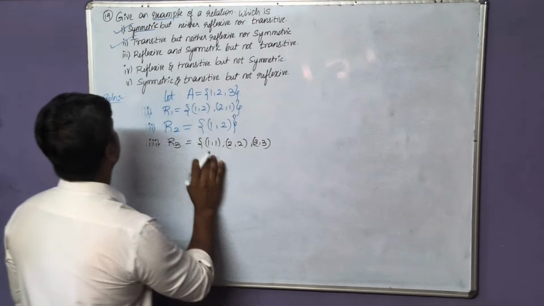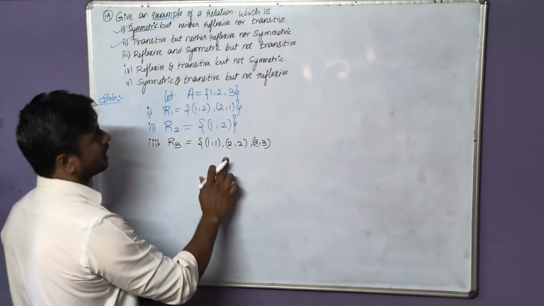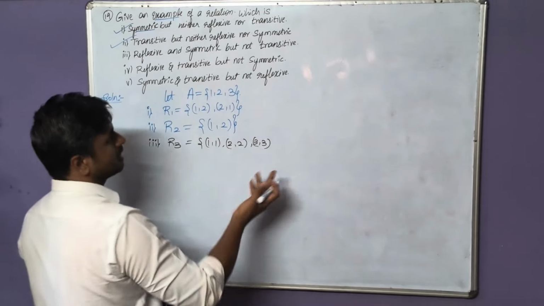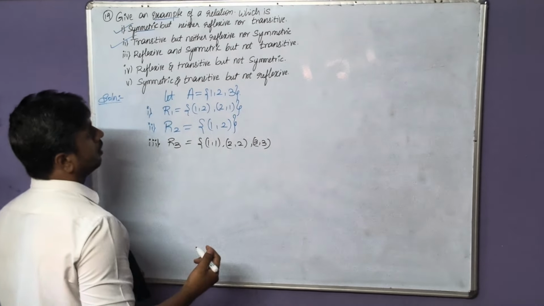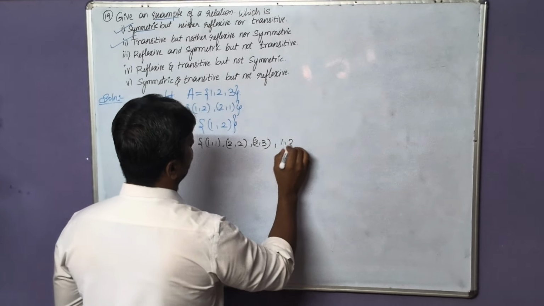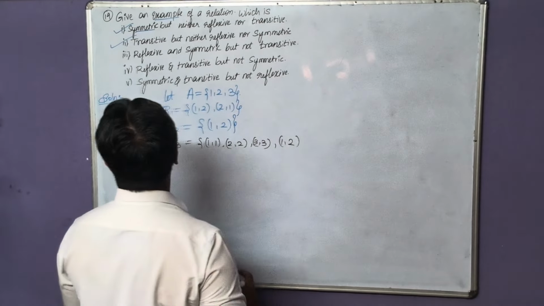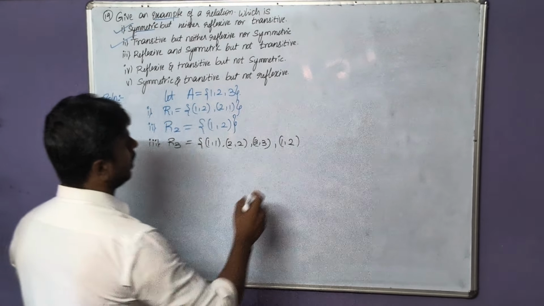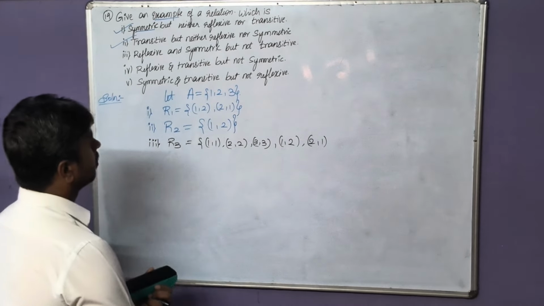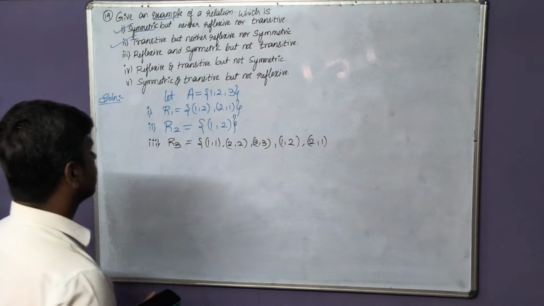I can say that the given relation is reflexive and even symmetric as well. Can we say that it is transitive? If you write only these 3 ordered pairs, it will become transitive as well, because we don't have ordered pairs in the form of (A, B) and (B, C). So better I will include (1, 2) and (2, 1). Then again it is still transitive.